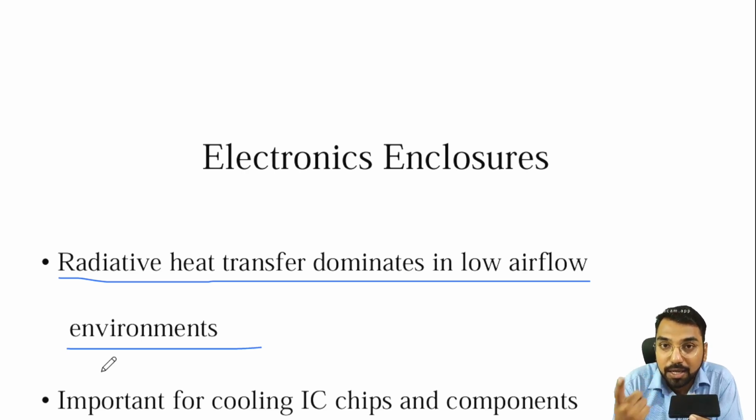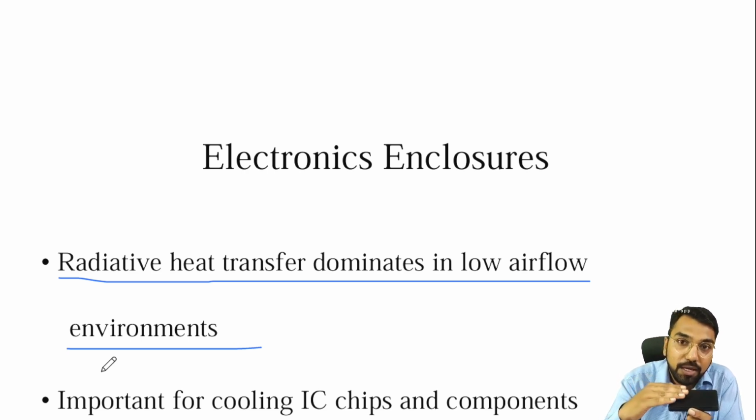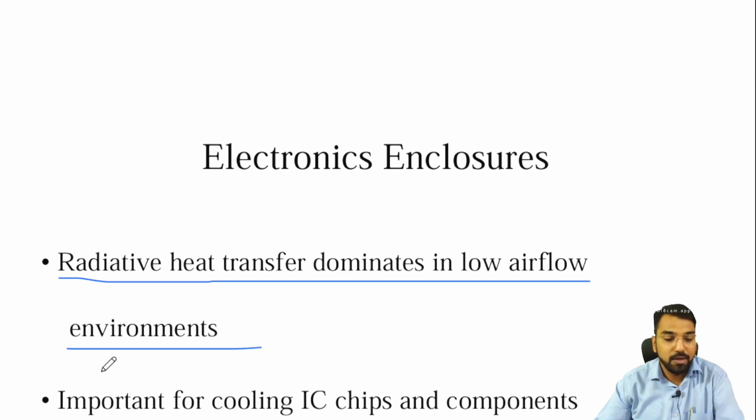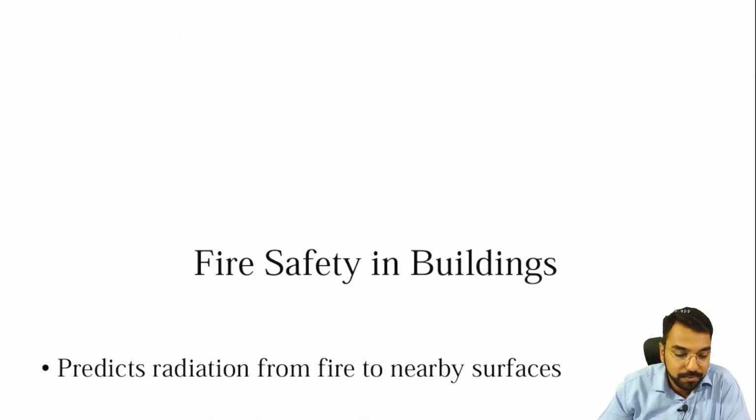But in another case, if the airflow has a higher velocity, then the radiation will have minimal effect on this. So it is important for cooling IC chips and components in electronic devices.